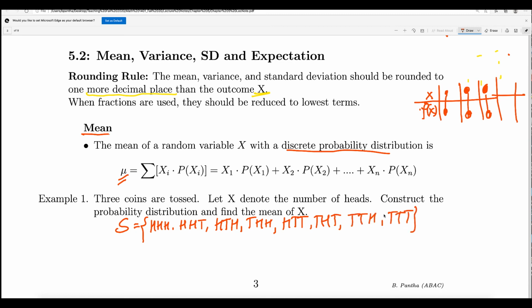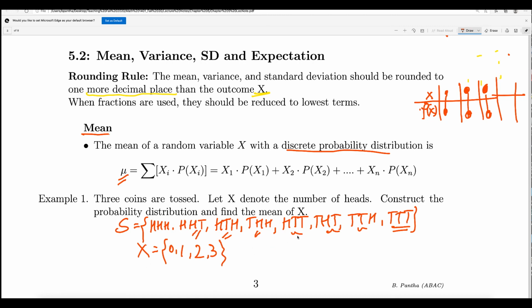This is the sample space. And what is the probability distribution for that? First of all, let x denote the number of heads. Then it will be either 0 heads, that is that one, or 1 head. How many? 1, 2, 3. These are the 1 head outcomes. Or 2 heads means this one, this one, this one, that has 2 heads. And then 3 heads.